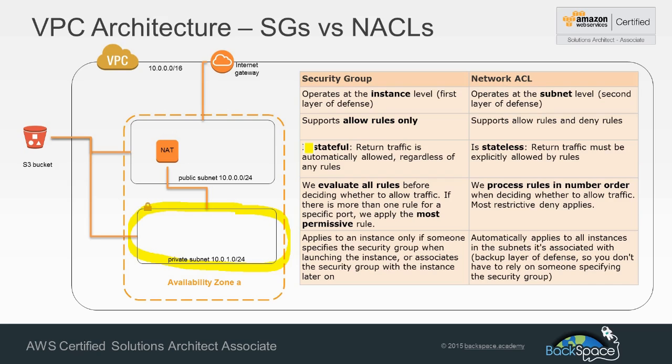In contrast, a network ACL automatically applies to all instances that are located in the subnet it's associated with. It's a backup layer of defense, so you don't have to rely on someone specifying a security group. So any instance that is launched within this private subnet here will be associated with the network ACL for that private subnet.